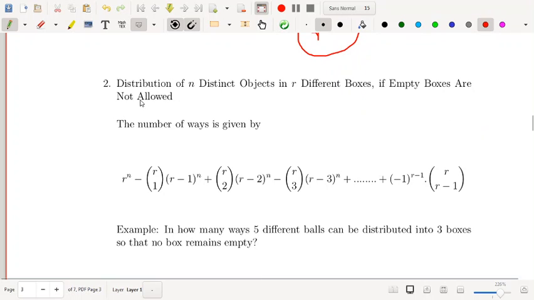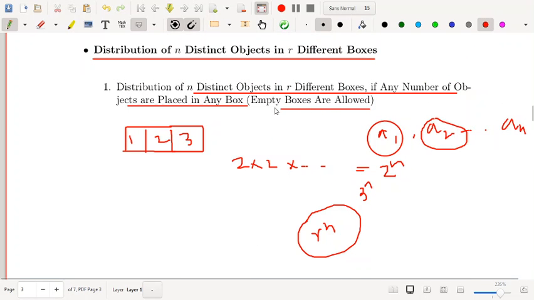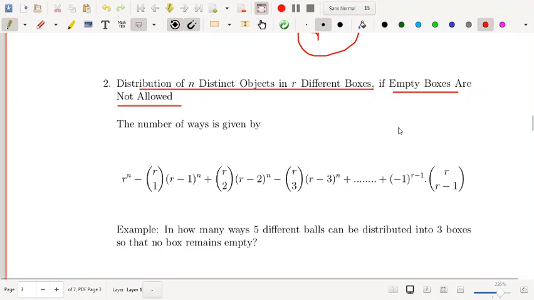Now next, distribution of n distinct objects in r different boxes if empty boxes are not allowed. In the previous case, empty boxes were allowed: the first object could enter box 1 or 2 or 3, and so on. Here empty boxes are not allowed.